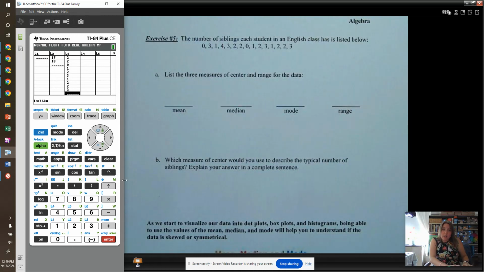And notice right here on my screen, my graphing calculator is asking me for a 16th data value that I don't have. So I know that if I go up one, that was my 15th data value. I entered the correct number of data. So when you've got a lot of data like that, it's helpful to do that quick check. How much did I just enter? Do I have the right amount?